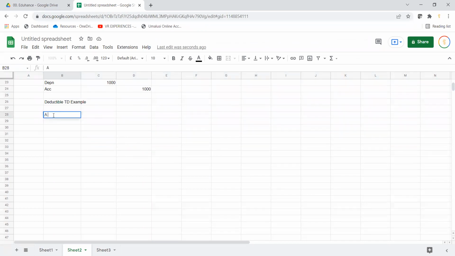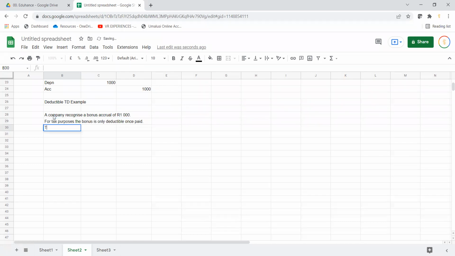Okay, so a company recognized a bonus accrual of 1,000 and for tax purposes, bonus is only deductible once paid.